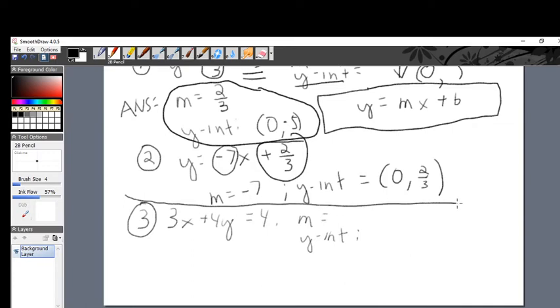Okay. Now, the method to answer this problem is to isolate y on the left side.